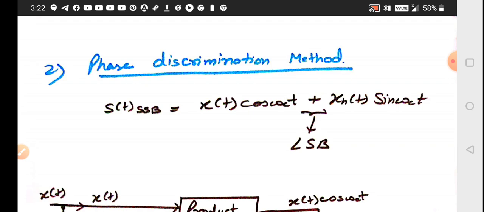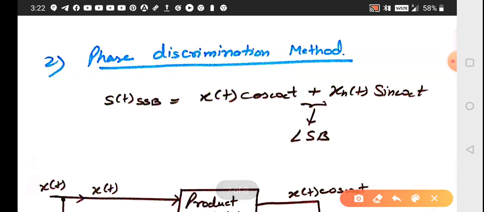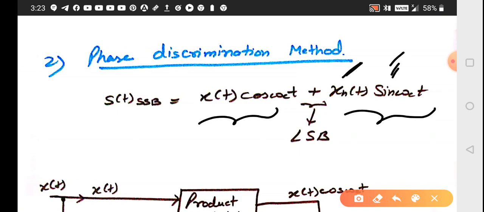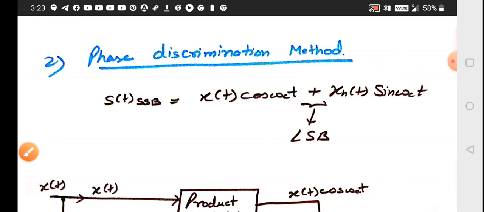We have to design a block diagram using this. You can see it has one product modulator and another product modulator. One has the message and the carrier as input; the other has the minus 90 degree phase shift of the message, its Hilbert transform, and the minus 90 degree phase shift of the carrier. This is the equation on which the phase discrimination block diagram is based.